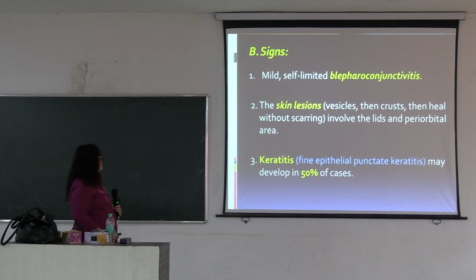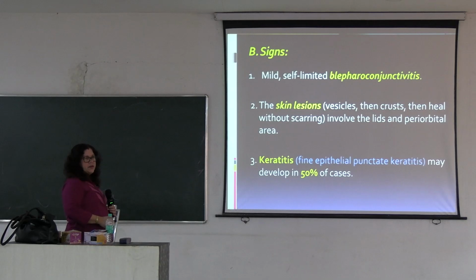Then signs. First, it is a mild and self-limiting disease, and blepharoconjunctivitis is present, and skin lesions. Skin lesions are more common, and here first vesicles are formed, then these vesicles burst and crust formation occurs, and after crusting healing occurs, but there is no formation of scar tissue.